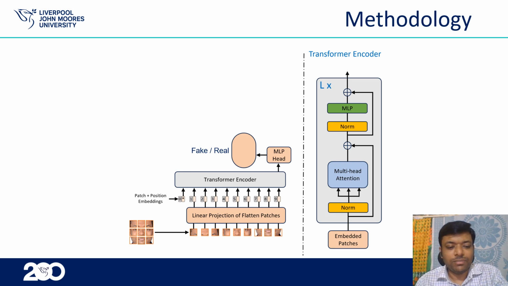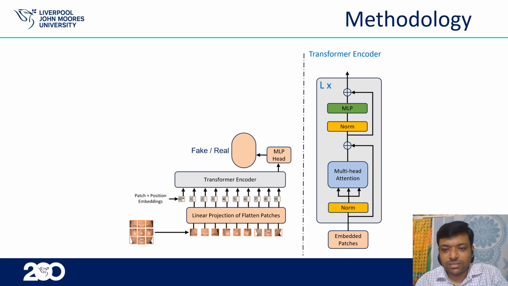So here is the complete architecture of the experiment. If you observe, we are patching each face. After that, we apply the embeddings and feed them into the transformer encoder.